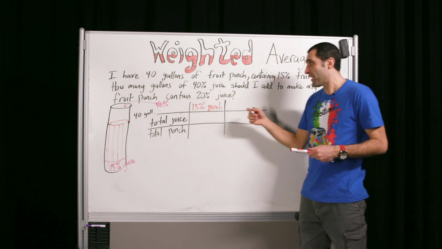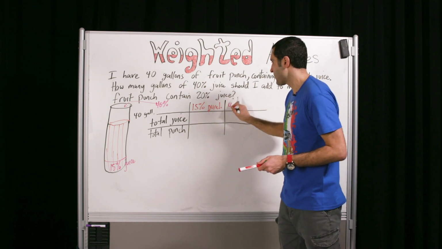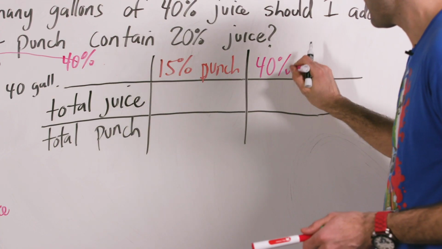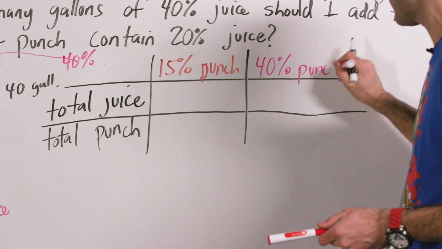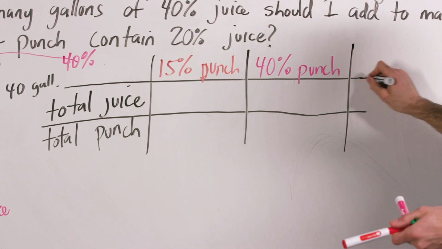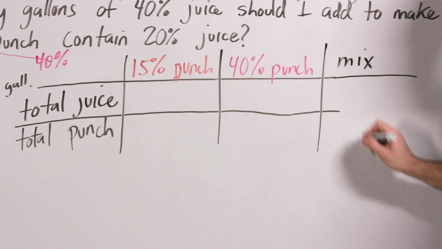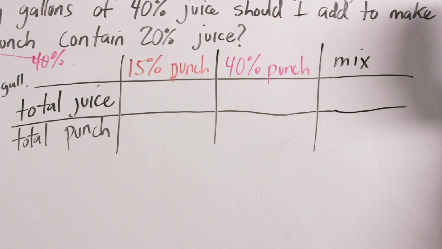Then we add to it the 40% variety. Make that pink. 40% punch. We have that kind. And we have our mix total.